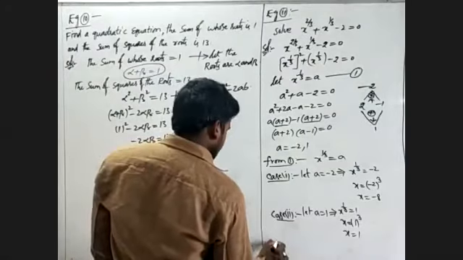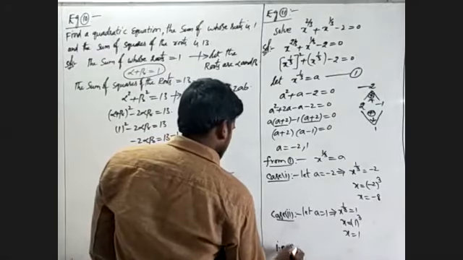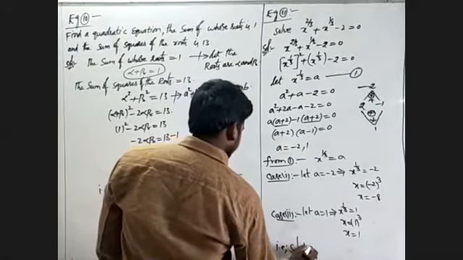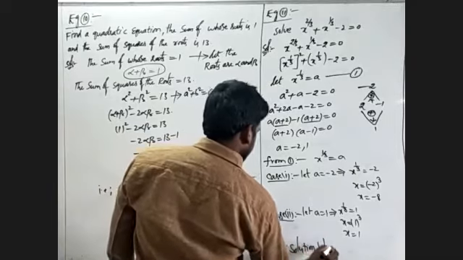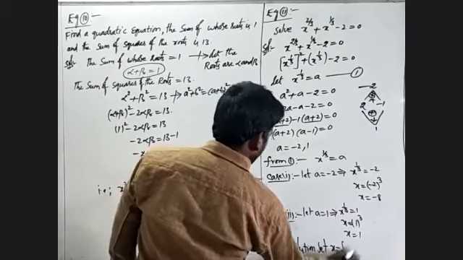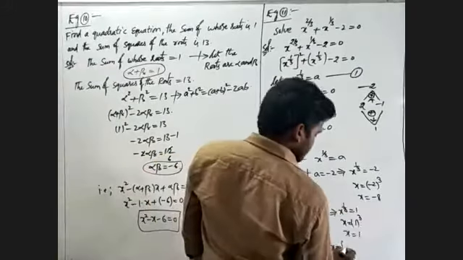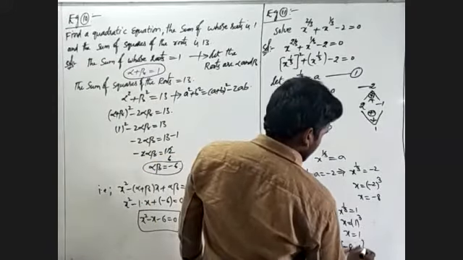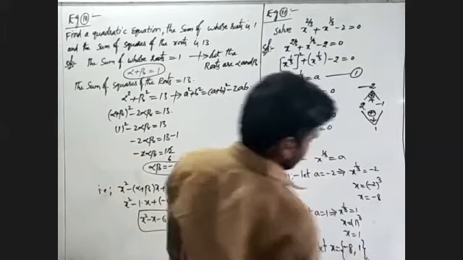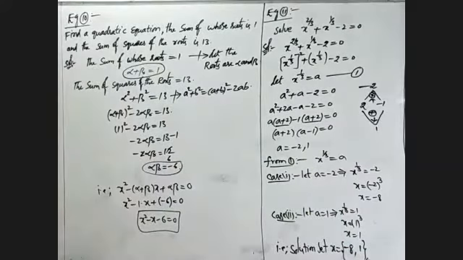I will write the solution set. Solution set x is equal to, first we will write the minimum value, after that the maximum value. The minimum value is minus 8, after that the value is 1. That is, the solution set is minus 8 comma 1.